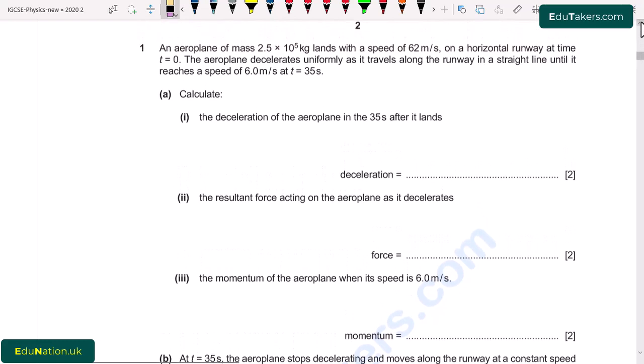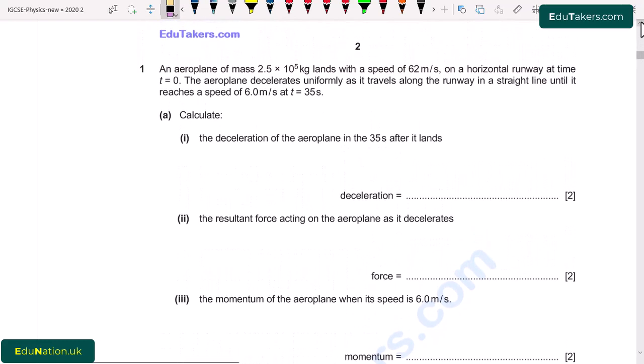Question number 1. An aeroplane of mass 2.5 × 10^5 kilograms lands with a speed of 62 meters per second on a horizontal runway at a time t = 0. So, when time t = 0, the speed of the aeroplane is 62 meters per second.